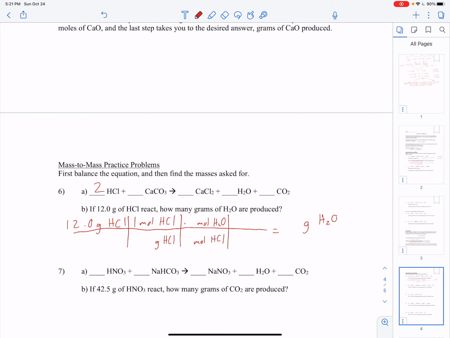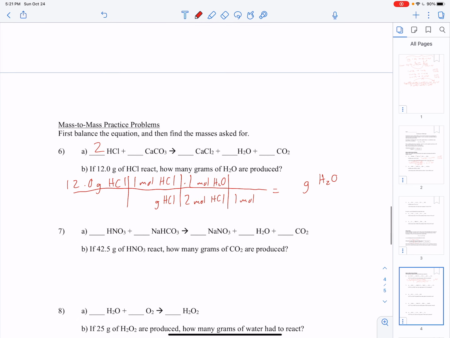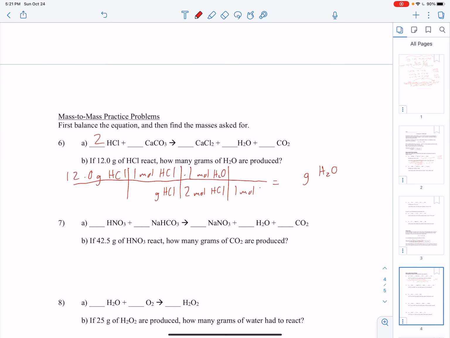Now, looking at the chemical reaction, you can probably figure this out pretty easily, right? There's a 2 in front of HCl. There's a 1 in front of H2O, or at least an understood 1, okay? And then finally, the last step is multiply by the molar mass of what you're going for, in this case, H2O.